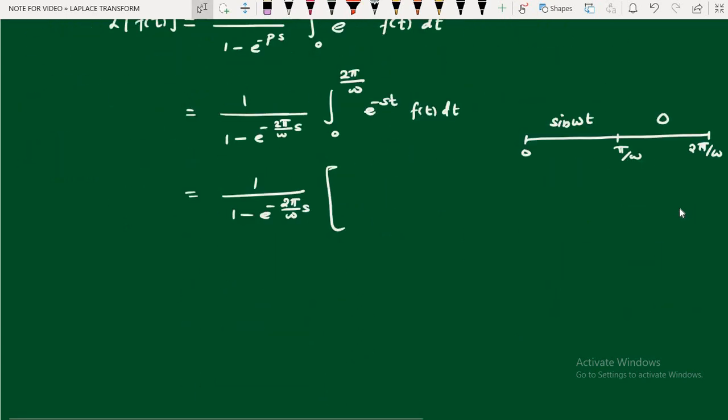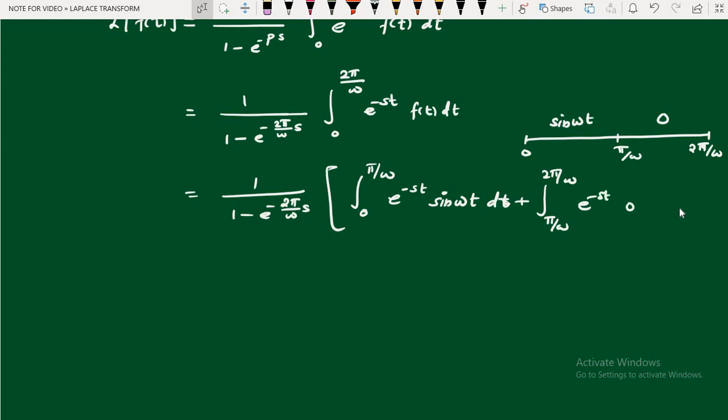Now using this idea we can split this integral as the integral from 0 to pi by omega of e power minus st into f of t dt, where f of t for 0 to pi by omega is sine omega t, plus the next interval pi by omega to 2 pi by omega, where the function value is 0.